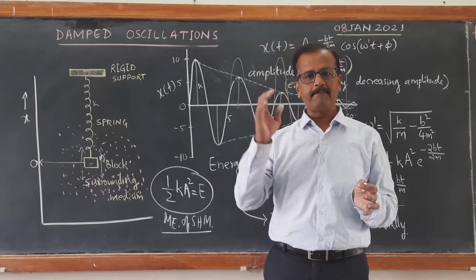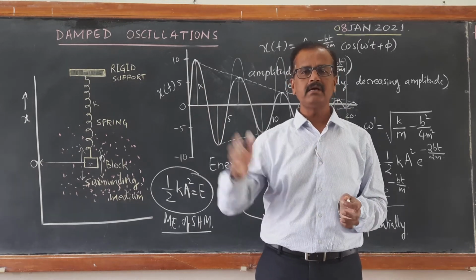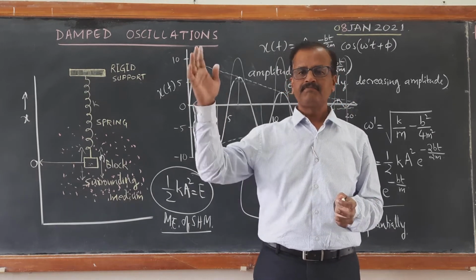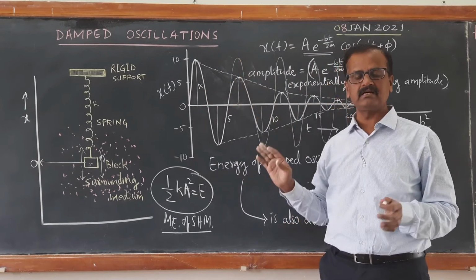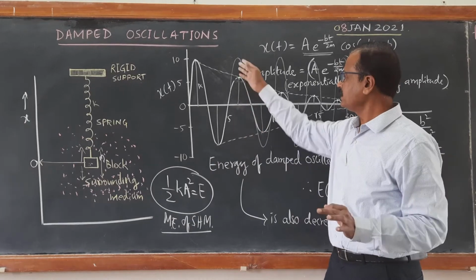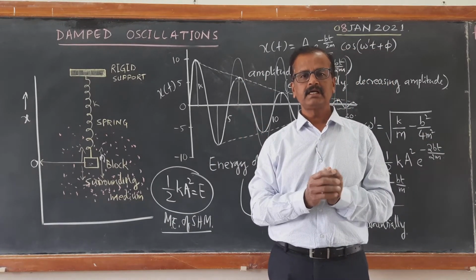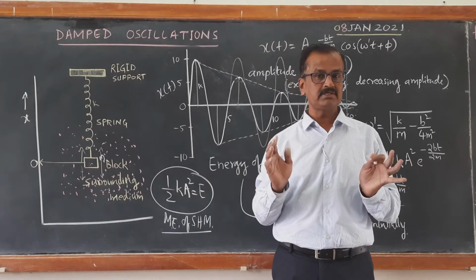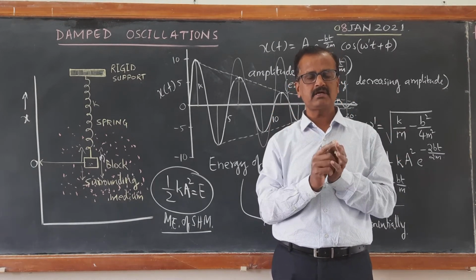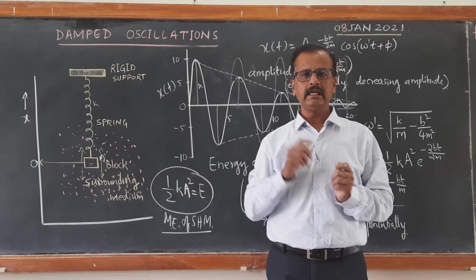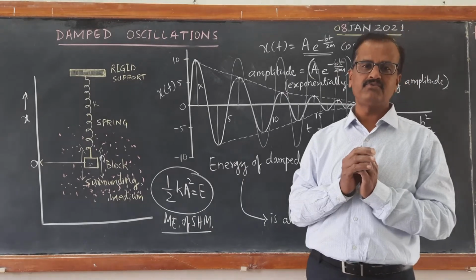So when we apply the external force on an oscillating swing, the swing oscillates with almost maximum displacement with constant amplitude without any decrease. Such oscillations are called forced oscillations. So forced oscillations are also very, very important. Let us learn about forced oscillations and the equation for forced oscillation.